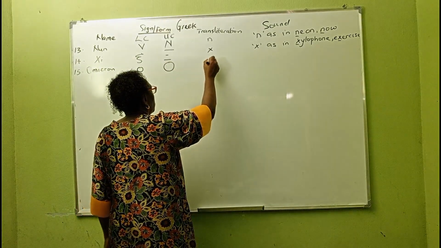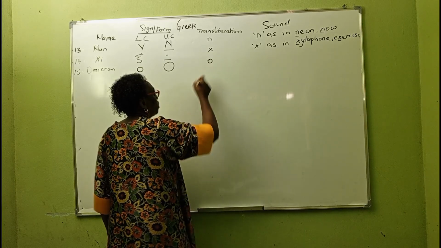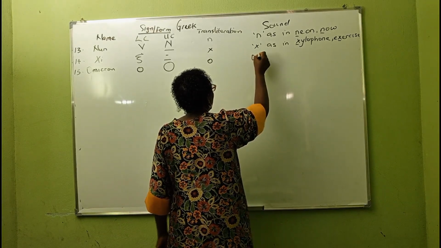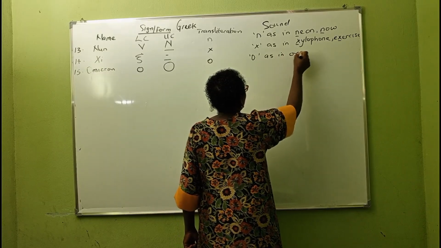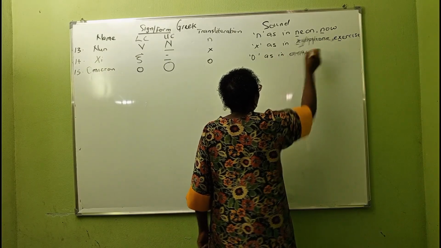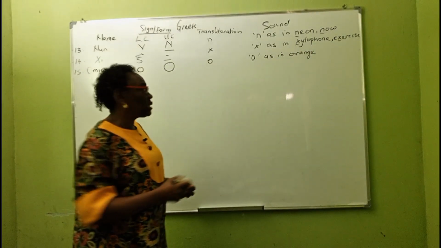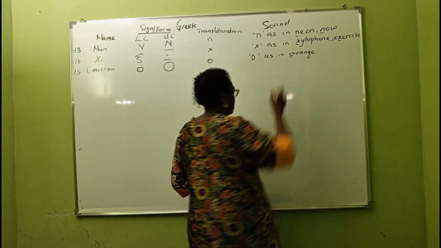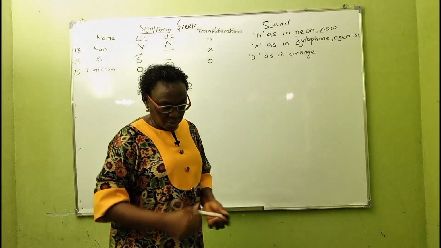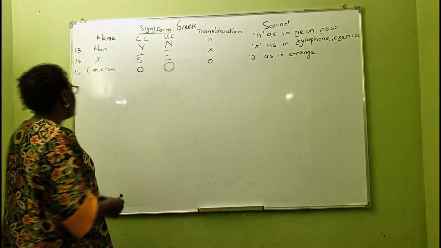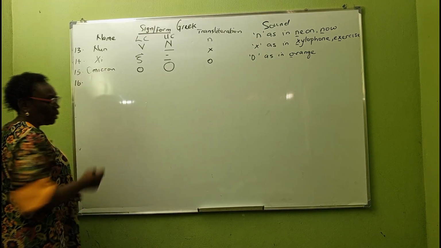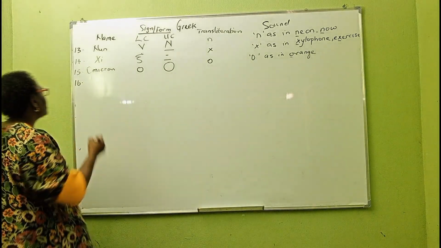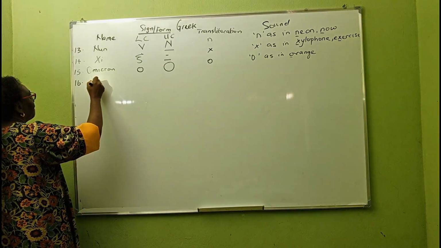Transliteration is O. Because it's Omicron, we say O as in orange. It's an O sound, as in orange.